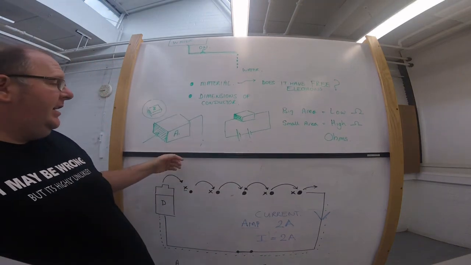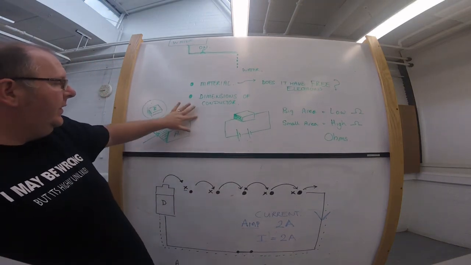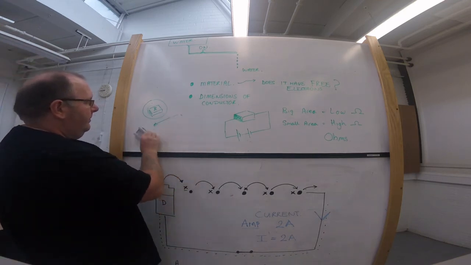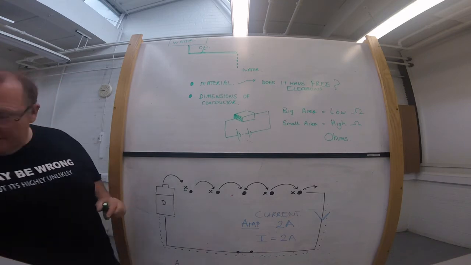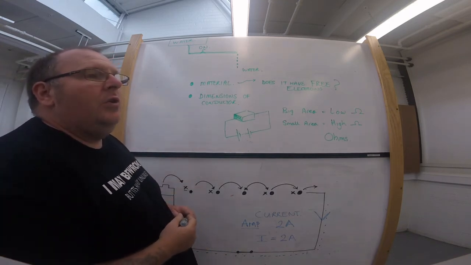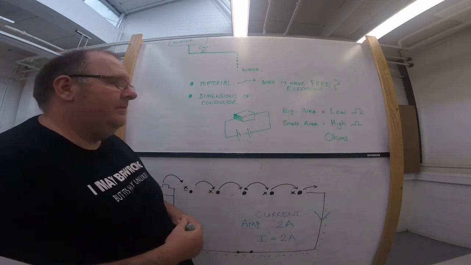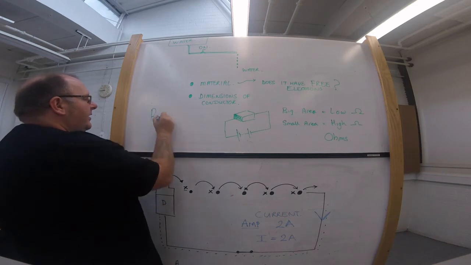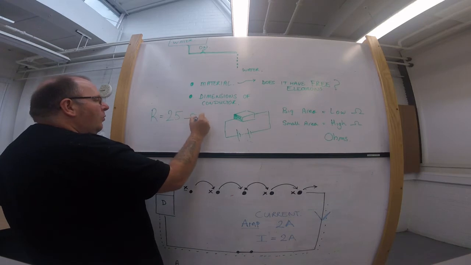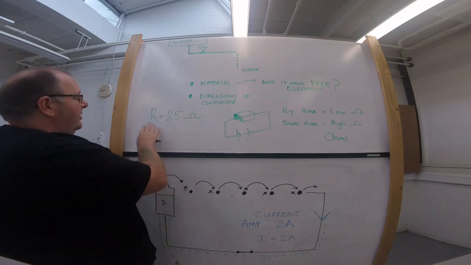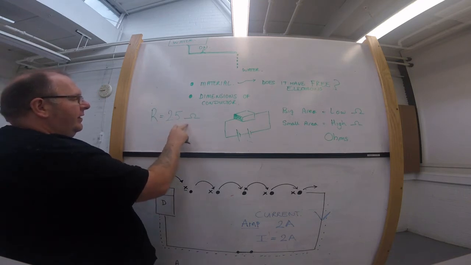So if I wanted to say something about the resistance of this material, just take these out just now, I could say that my conductor has a resistance of 25 ohms. So I could say R for resistance equals 25 ohms. That's how we would write that. The resistance is equal to 25 ohms.